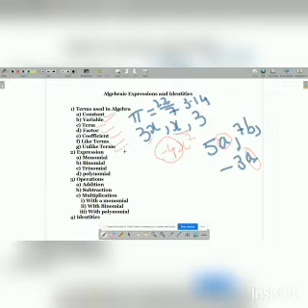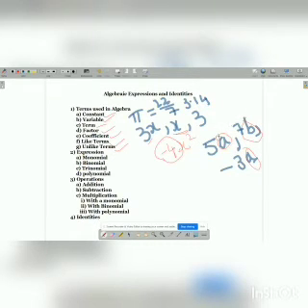Okay, children. Now, unlike terms. Unlike means not same. The terms whose literals are not the same are called unlike terms. If you observe this itself, 5a, 7b. Here the literal is a and here the literal is b. So a and b are not the same. So these two terms are called unlike terms.